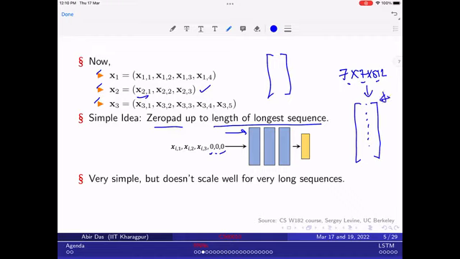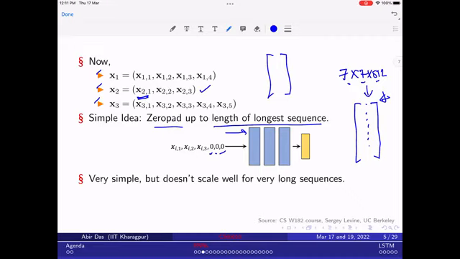What I'm trying to convey by the first part of this slide is that you can represent these elements of the sequence by a long vector. The elements of the sequence can be frames, words, or many other things.